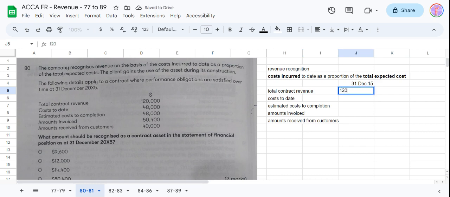Total contract revenue is 120,000. Cost to date 48,000. Estimated cost to completion 48,000. Amounts invoiced 50,400 and amounts received from customers 40,000.